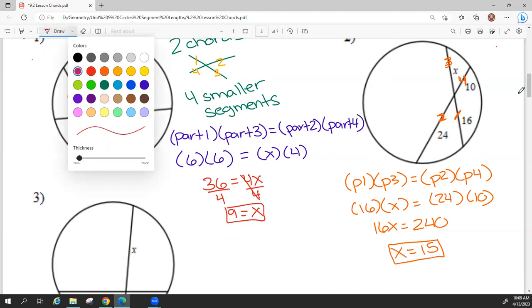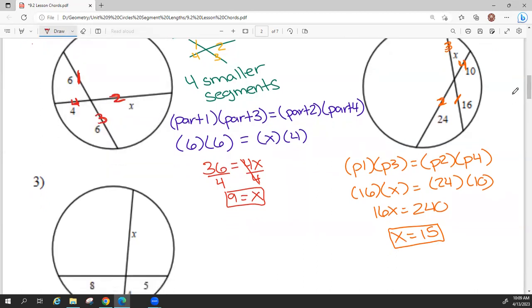Again, we should practice the method every time that we do it, so we are reinforcing the method. We should write some sort of equation or relationship, even though it's pretty informal to write P1, P3.